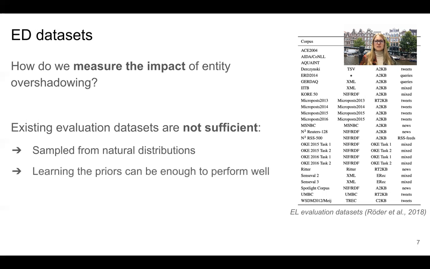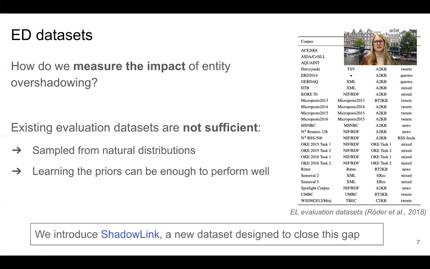And it has been previously shown that if you simply learn the priors really well, so basically if you give the most popular answer, you have good chances to perform really well on the existing datasets. So we decided that creating a new dataset would be a good idea, and we created ShadowLink, a dataset designed specifically for the evaluation of entity overshadowing.